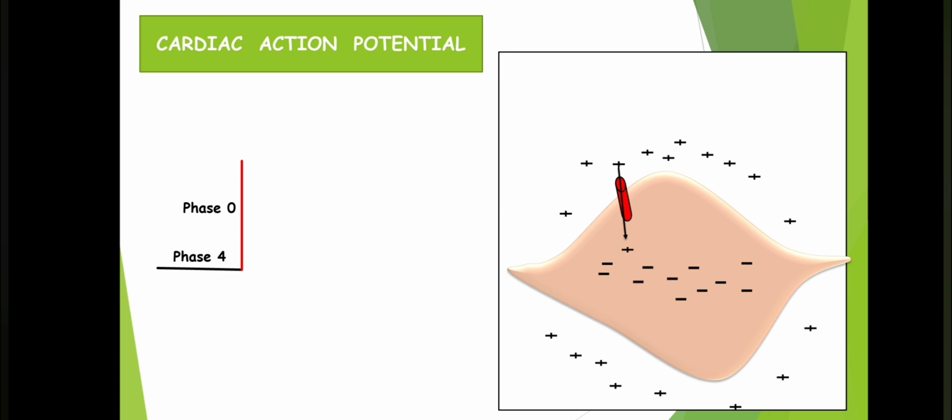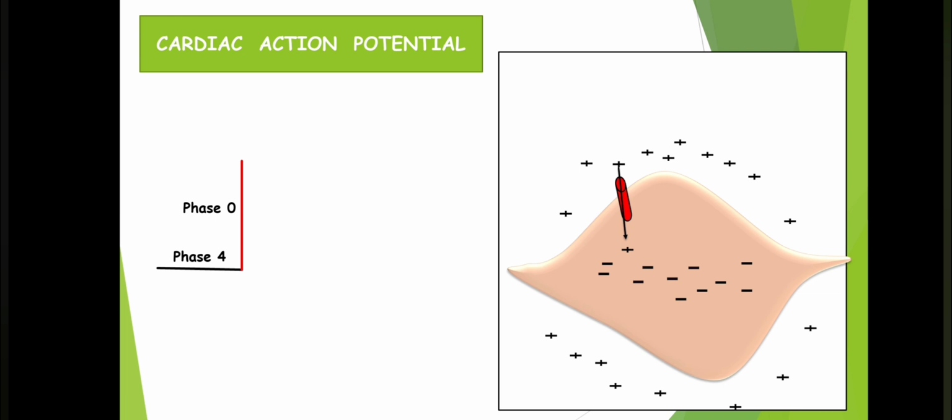But in the case of SA node and AV node, which are the cells causing automaticity, depolarization occurs not because of opening of sodium channels but because of opening of calcium channels. In SA node and AV node, depolarization occurs because of opening of voltage gated calcium channels and influx of calcium ion.